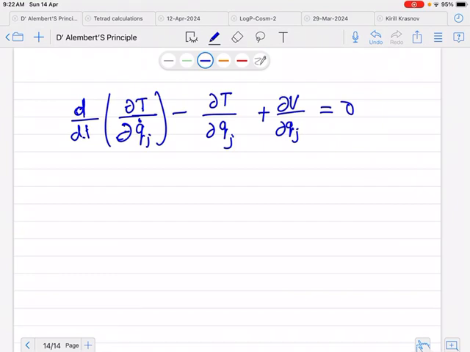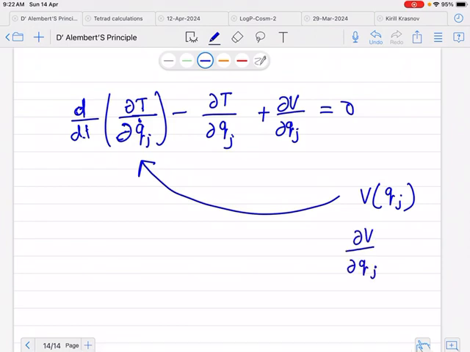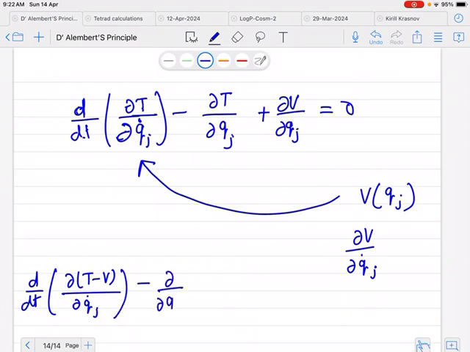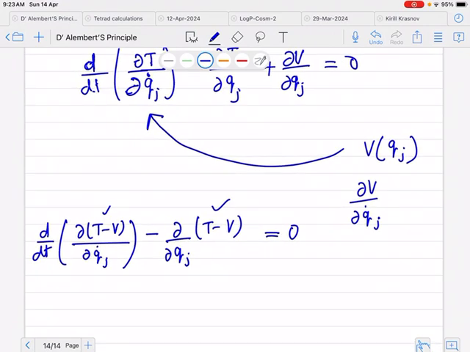Because potential does not depend upon qj dot, potential is only a function of generalized coordinates, we can put in by hand the term del V over del qj dot, though it is 0, just for symmetry. So we write it as del of T minus V over del qj dot, minus, and again T minus V over del qj, both sides symmetric, and it is 0.